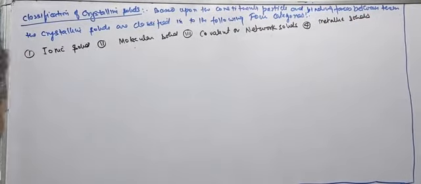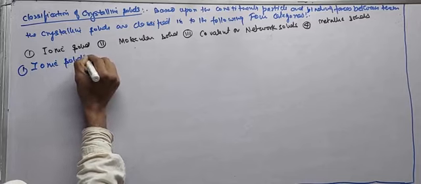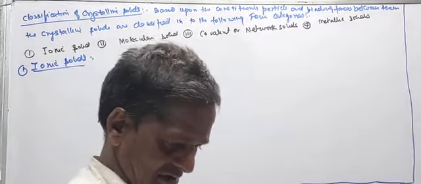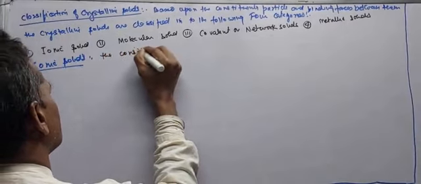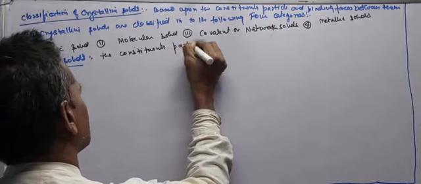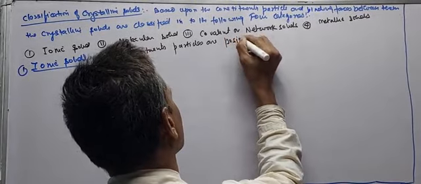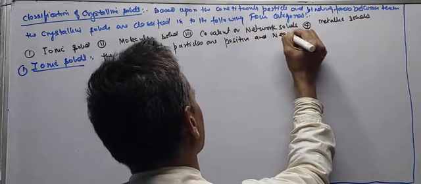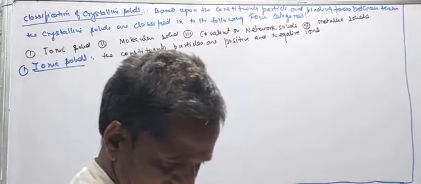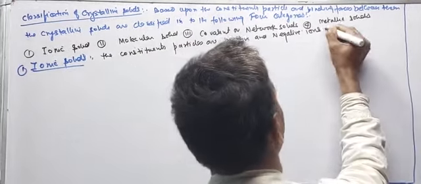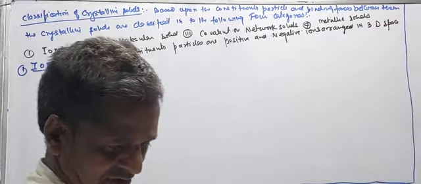Number first, ionic solids. In these crystalline solids, the constituent particles are positive and negative ions, arranged in three-dimensional space.